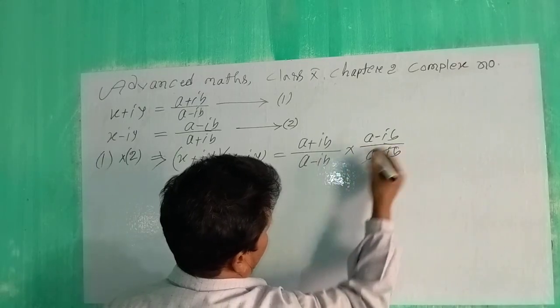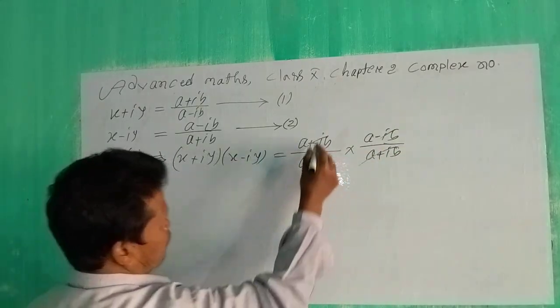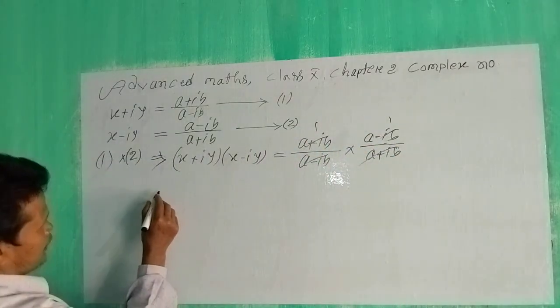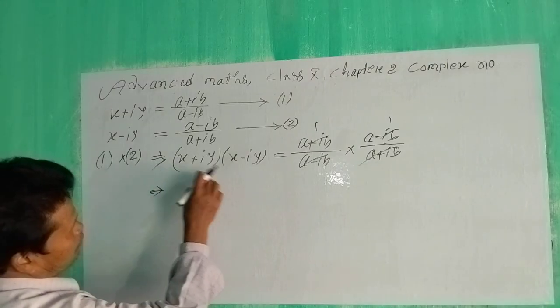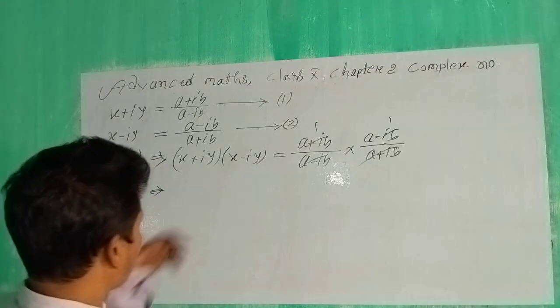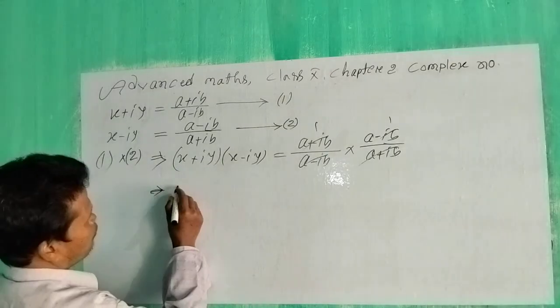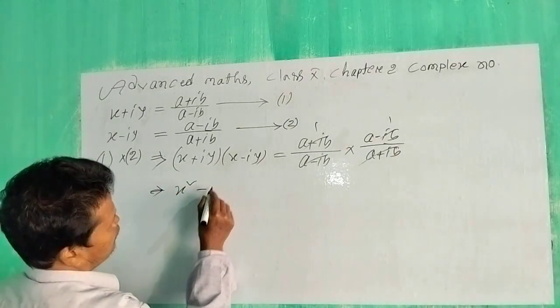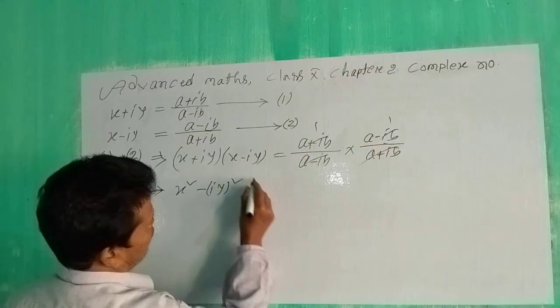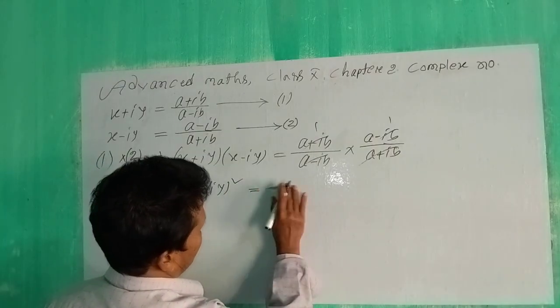Now we have 1. Next, on the left side, according to the formula we know a plus b into a minus b equals a square minus b square. Yes, a square minus b square equals 1.